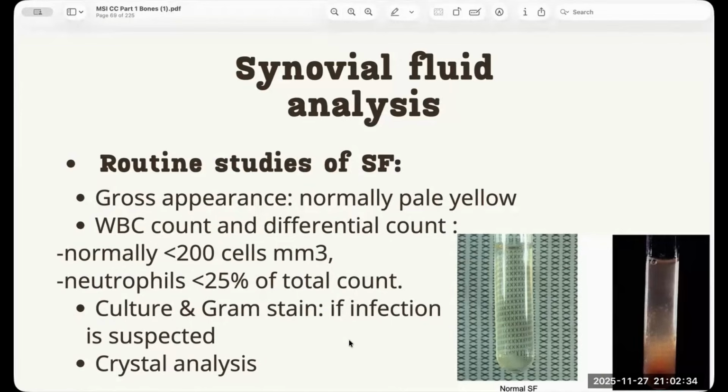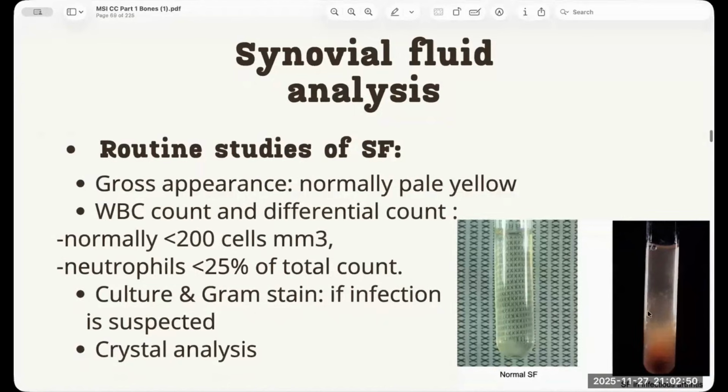It is a routine study to do when a patient shows up to the clinic with arthralgia or joint pain. On gross appearance, as I said, it's normally pale yellow. This is how it normally looks. This is how it would look if we have an infectious arthritis.